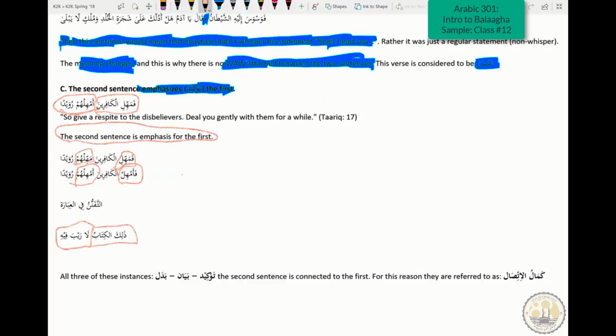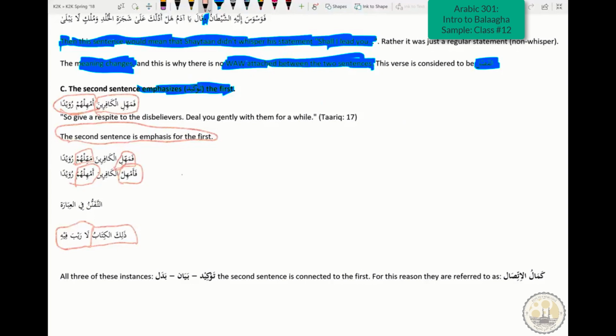If we take that interpretation, if sentence number 2 is indeed an emphasizer, then that's the reason why the wow is not mentioned. That's the reason why it does not say ذَلِكَ الْكِتَابُ وَلَا رَيْبَ فِيهِ, and thus it is al-fasl.